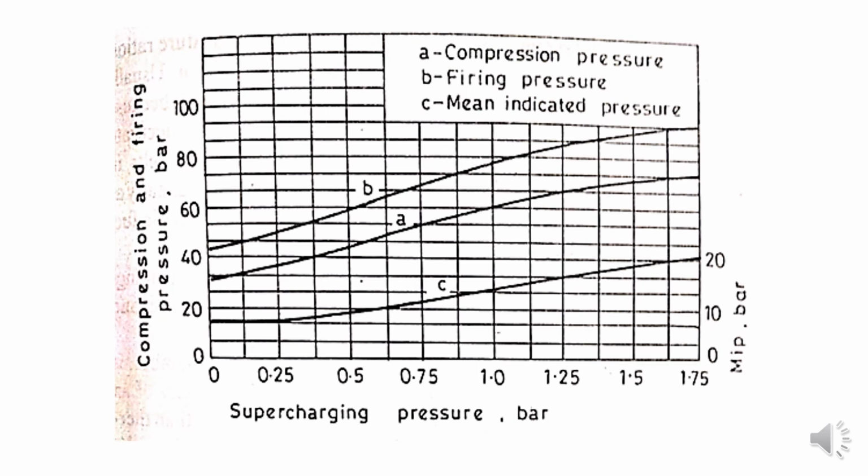So with the cost we are paying for the supercharger, that might not be justifiable in the later stage for a CI engine. So these are the things we have to consider, or these are the limits we can put on an SI engine and a CI engine.